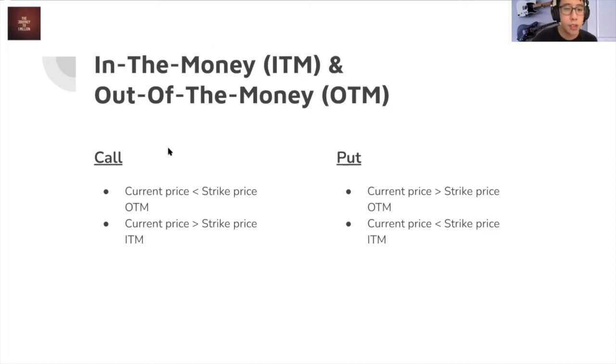So for a call option, because the call options and the put options are actually opposite to each other, if the current stock price is lower than the strike price of the options contract, then it is called out of the money. And if the current stock price is more than the strike price, then it is called in the money.